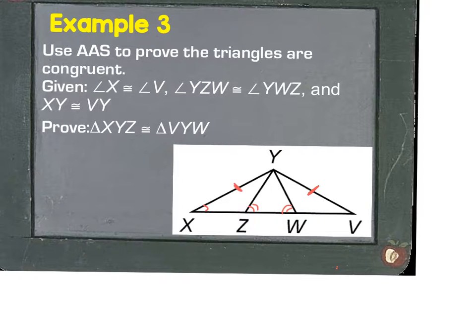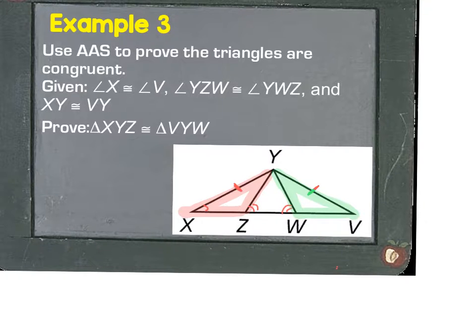I think the hardest part about this proof is identifying what triangles you're talking about. It says to prove that triangle XYZ is congruent to triangle VYW.